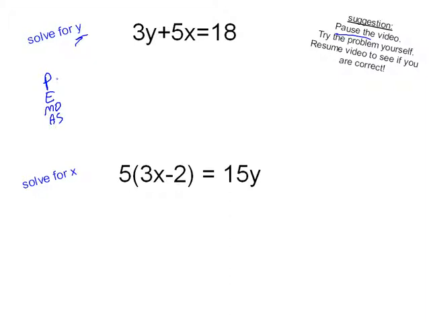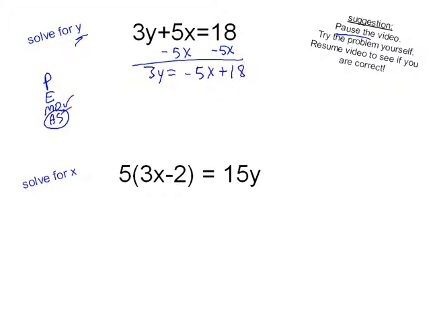PEMDAS, parentheses, exponents. When you undo stuff, you work backwards, and you're going to deal with the addition, subtraction, then the multiplication and division. So I'm subtracting off this 5x part. Subtracting the 5x, I get 3y equals negative 5x plus 18.